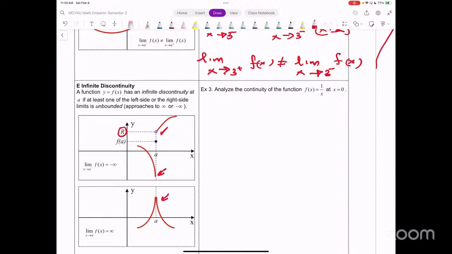Analyze the continuity of the function limit x approaches 0 of 1 over x, right? Well, it's actually 1 divided by 0, going to infinity. Make sense? So what kind of discontinuity do we have? Infinite discontinuity.